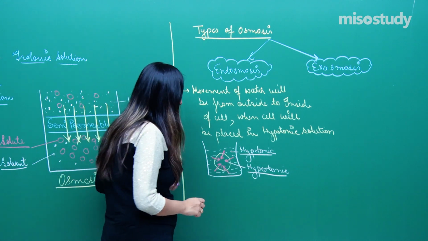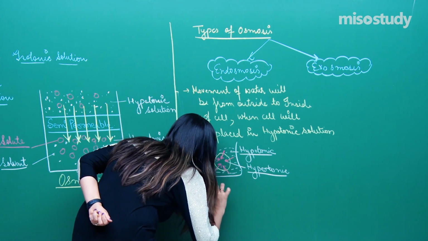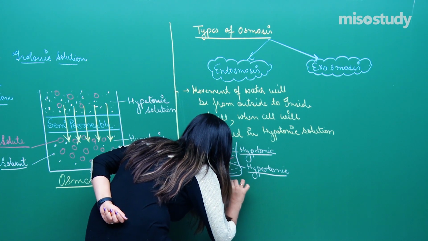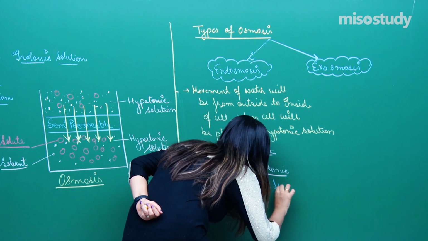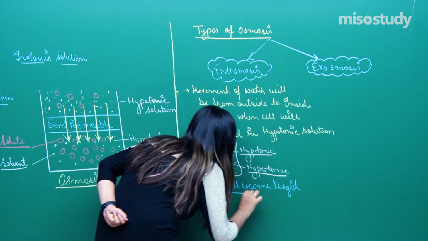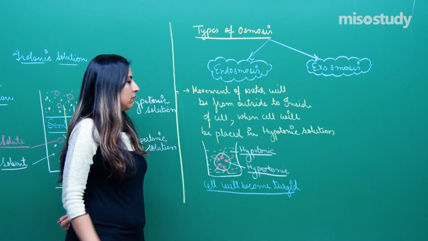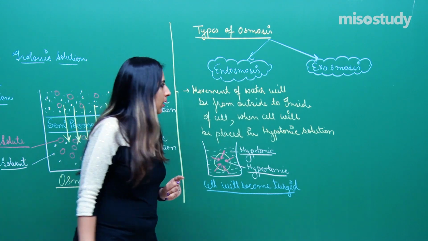At this particular stage, what will happen? The cell will become turgid. Right? This is the first example of endoosmosis.